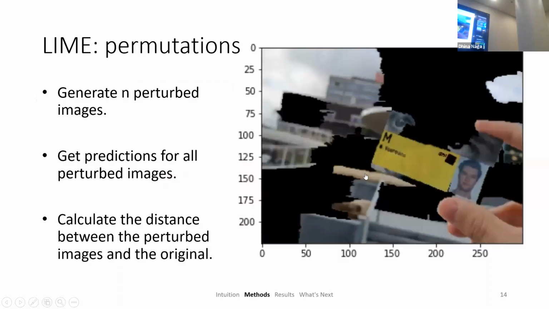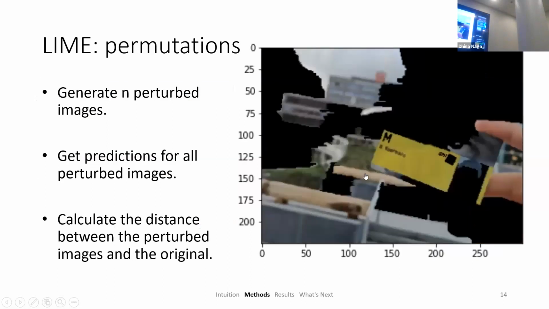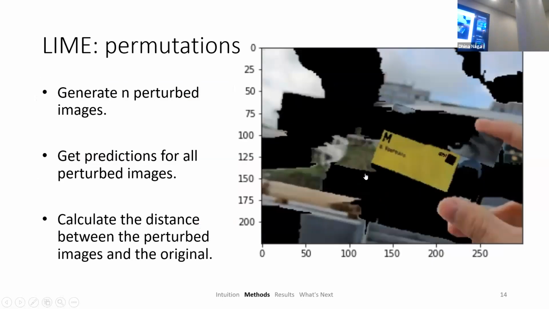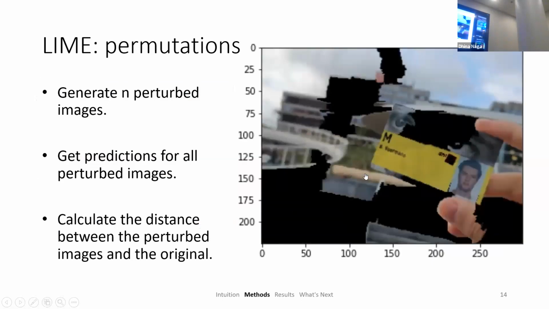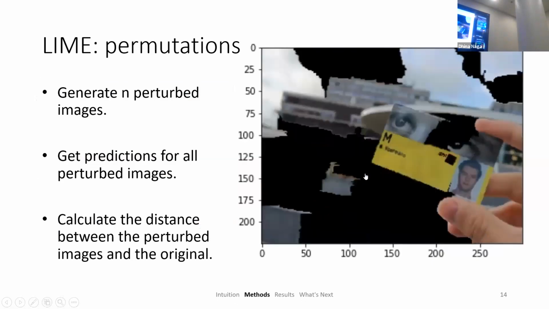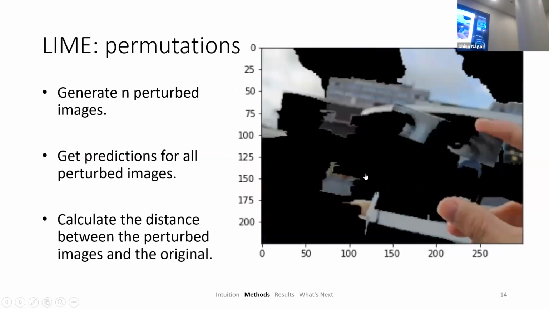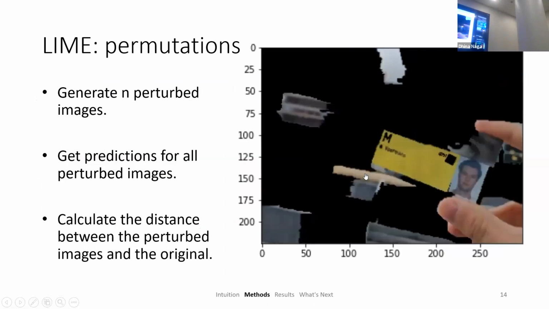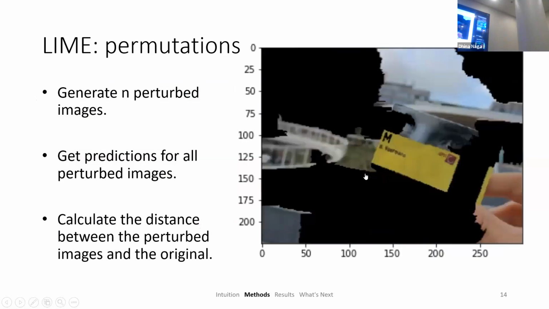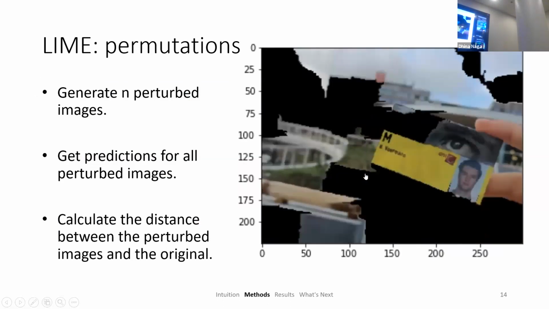And what you then do is you get a number of perturbed images in which some superpixels are turned on, some superpixels are turned off. And for each of these perturbed images, you get a prediction from your model. So you infer your model many, many times. And you also calculate the distance between each perturbed image and the original. So some superpixels might be bigger, and in that case, the distance to the original image is, of course, bigger.